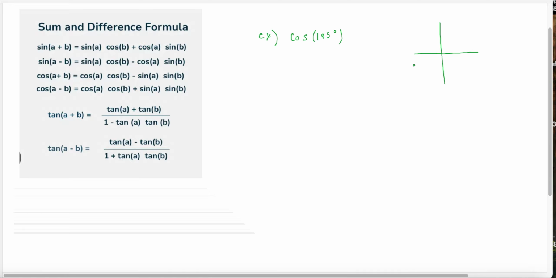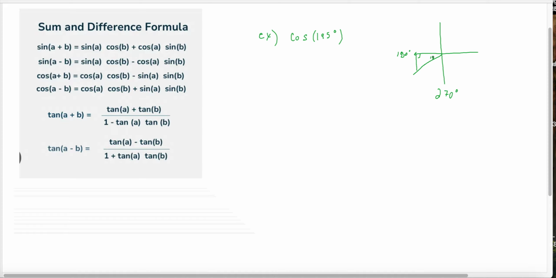So if you think about it, at this point, what we would normally do when it says find the exact value is we would think about, okay, where would 195 be on our xy plane? Since we know this is 180 degrees, this is 270, it would be somewhere here in quadrant 3, and the reference angle would be 15 degrees.